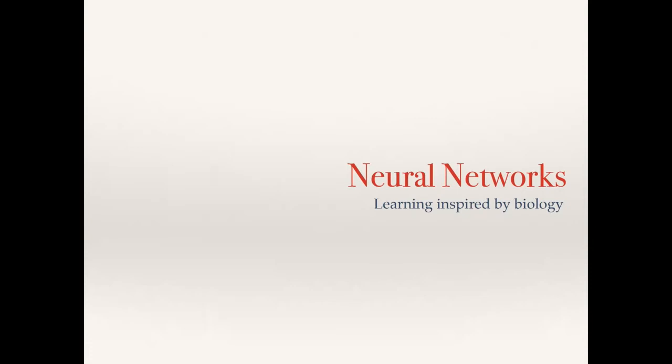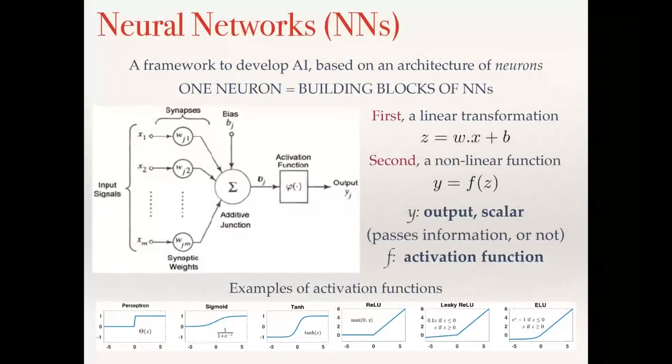The idea of neural networks is that we are going to try to learn in a way that is inspired by biology, in a way that is inspired by what we think is the way our brain works, which is the idea that we have these neurons in our brain, and they have possible connections with other neurons through synapses. And these synapses are only established if there is enough electric current.